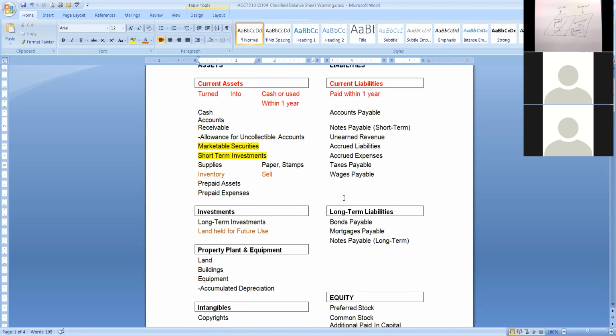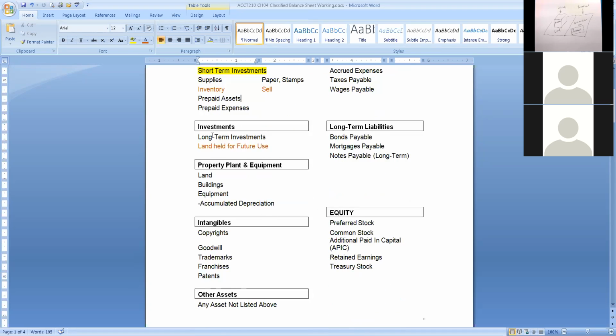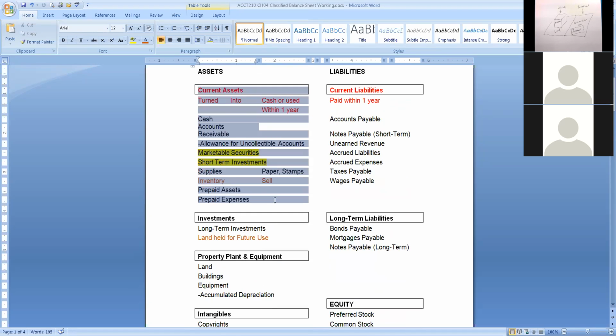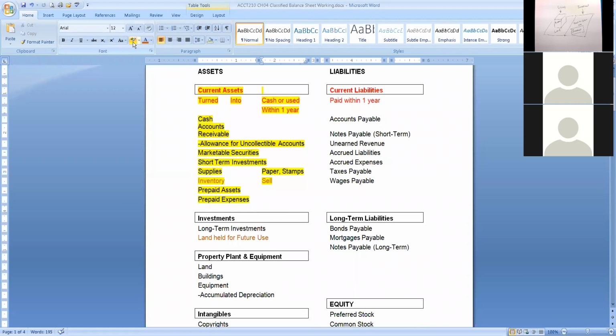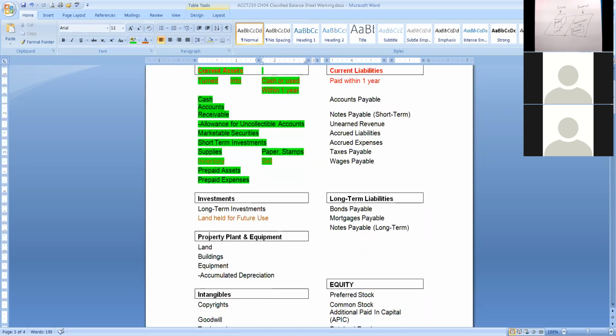Okay, so let's go to the asset side. The bulk of your stuff for most companies is going to be in here, or here.